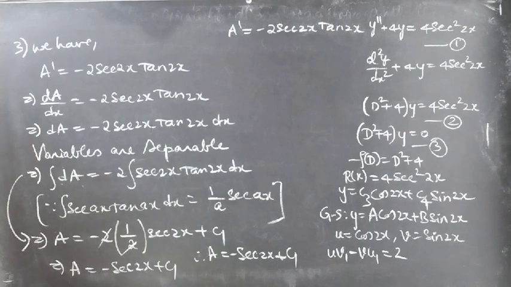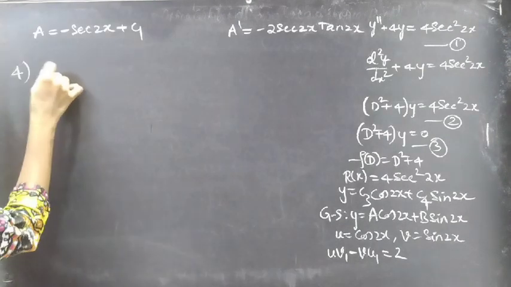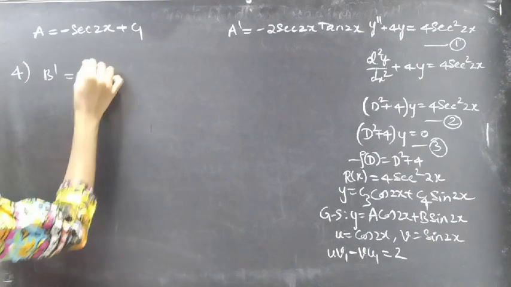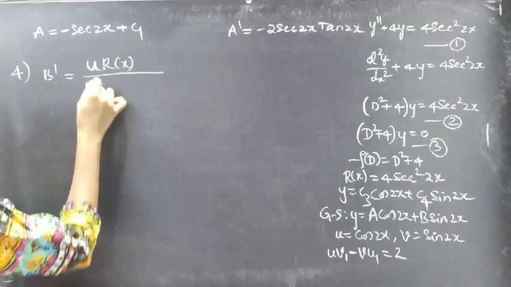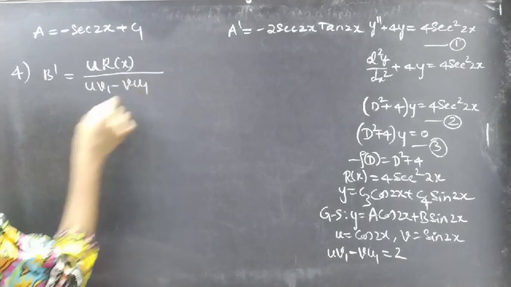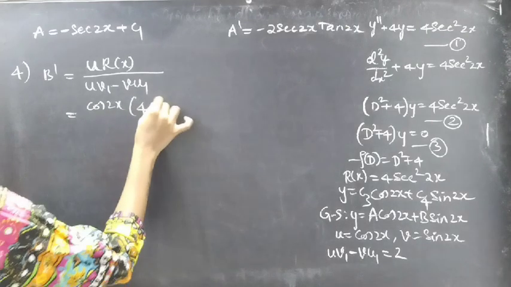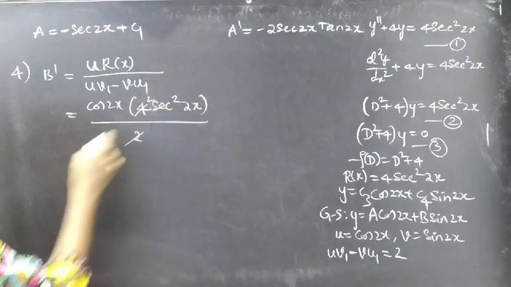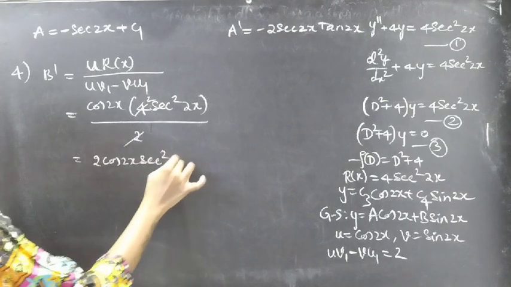We got A now. Let's now find B dash and B. B dash is given by u into r of x by uv1 minus v1. U is cos 2x, into r of x which is 4 secant square 2x, by uv1 minus v1 which is 2, equals 2 cos 2x.